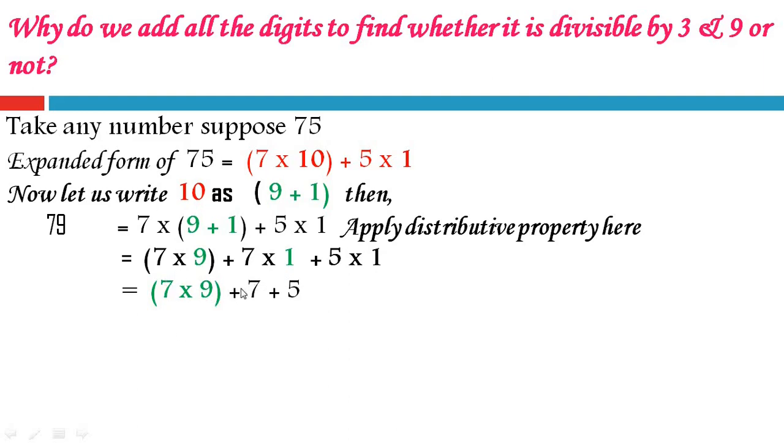What are we left with? 7 plus 5. Now what is this 7 plus 5? Isn't this the sum of the digits of 75? So this is the hidden rule behind why we add all the digits to find whether a number is divisible by 3 or not, whether it is divisible by 9 or not.